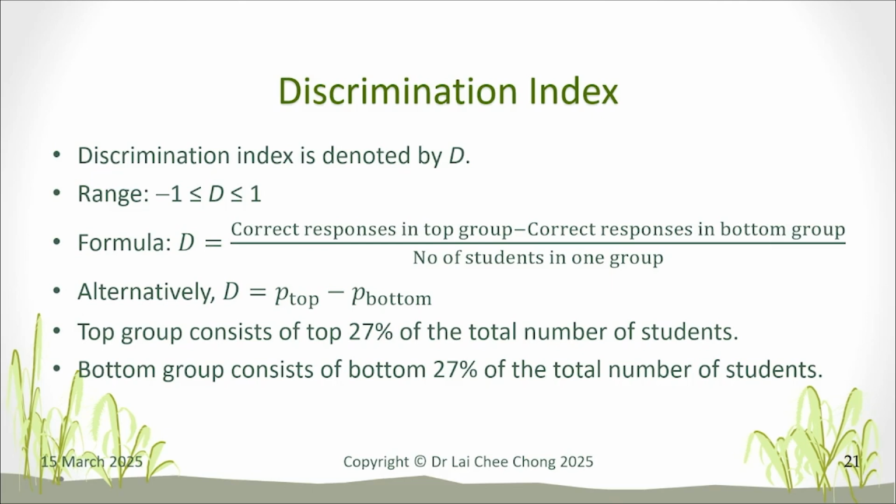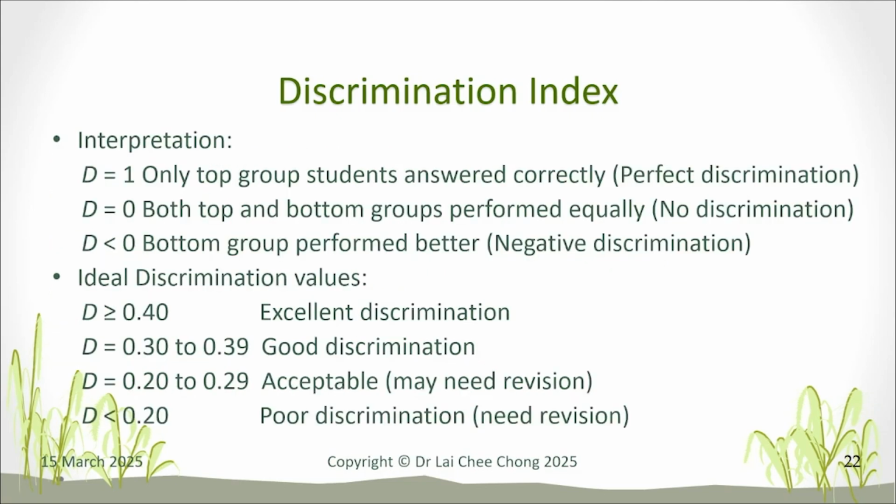Divided by any number there is still what? 0. So 0 means what? You cannot differentiate. The test item failed to distinguish the performance of these two groups of students. So it's not a very good test item here because it cannot differentiate or discriminate them.